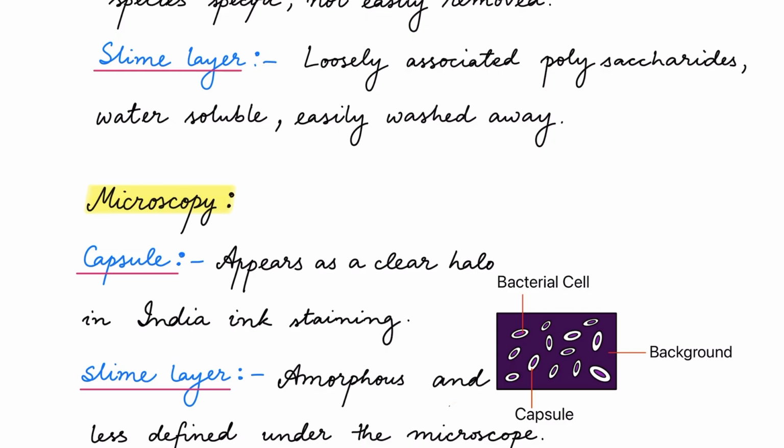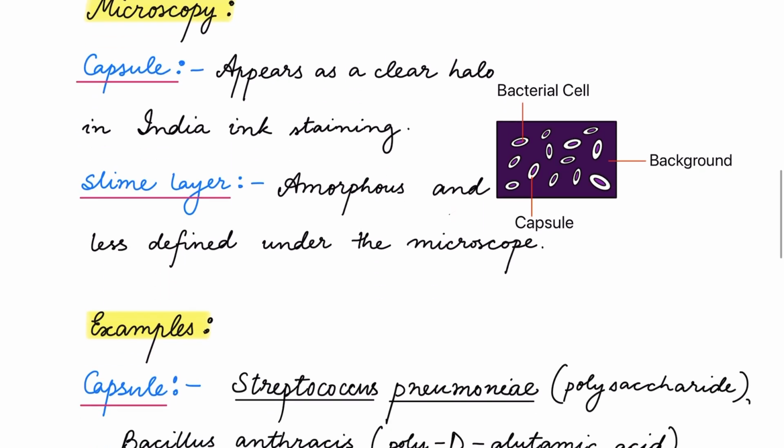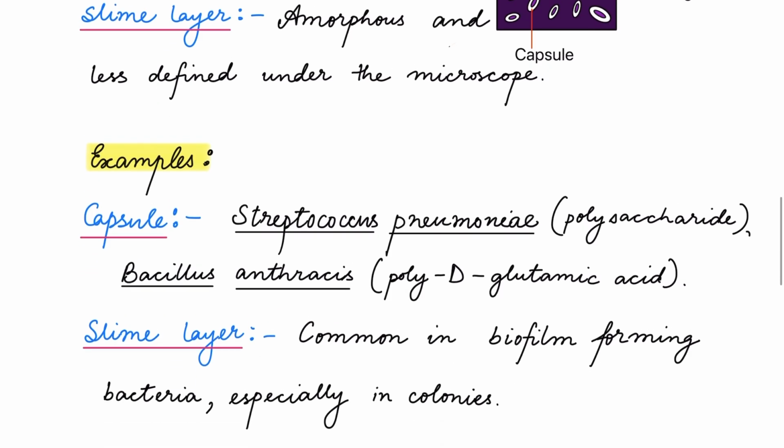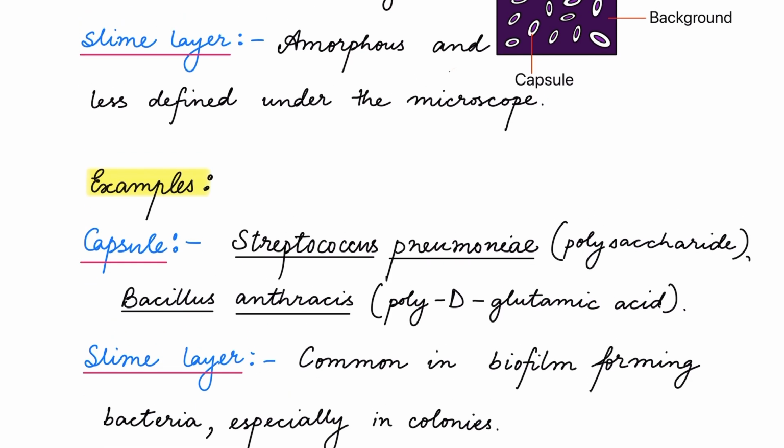Now we will understand which bacterial species commonly possess capsules or slime layers, with examples. So examples of capsule forming bacteria include Streptococcus pneumoniae, which has a polysaccharide capsule that protects it from immune attack, and Bacillus anthracis, which has a poly-D-glutamic acid capsule, a protein-like substance that prevents the phagocytosis process.